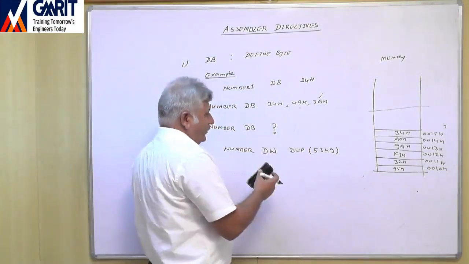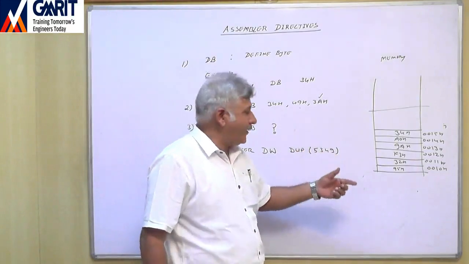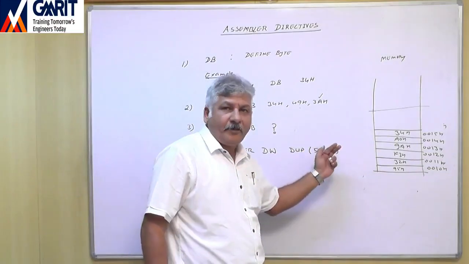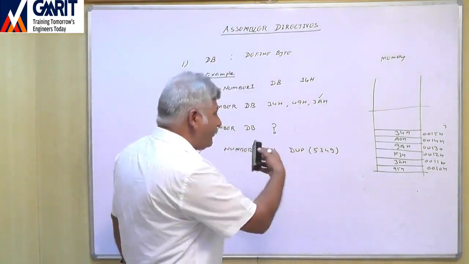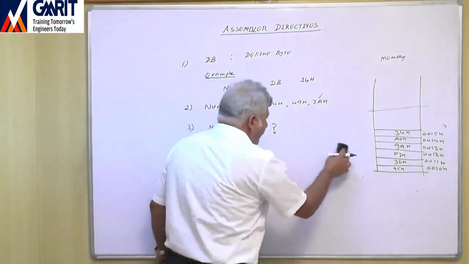Okay, regarding this, here basically it is used to duplicate the numbers, right? The same numbers will be stored at many locations. So regarding this, we will see when we utilize this in our program, right?